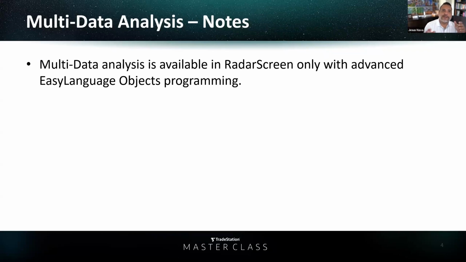And you cannot mix the data from row number 1 and row number 6 because RadarScreen is not capable of doing that. But there is a way for you to introduce other data elements into your calculations using objects or EasyLanguage objects. Again, we're going to look at an example in RadarScreen that allows you to do relative performance by pulling in data for other symbols.